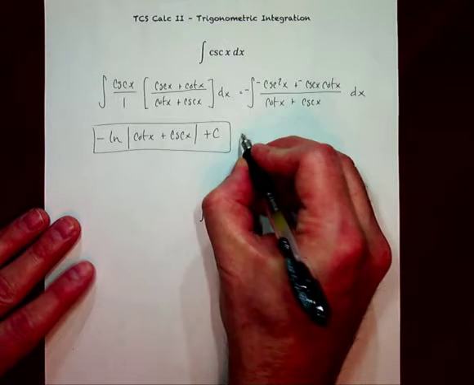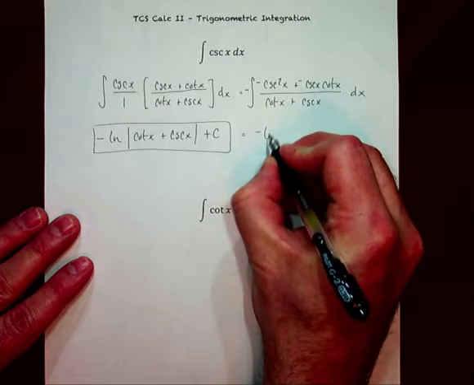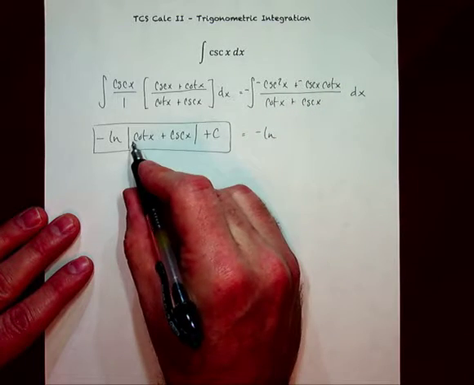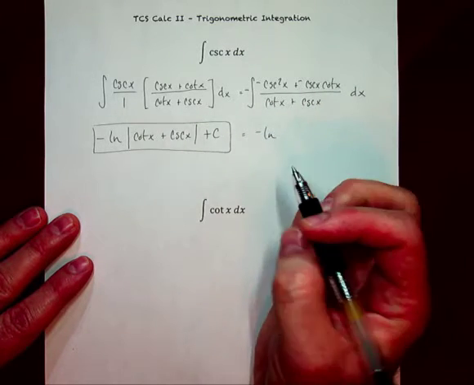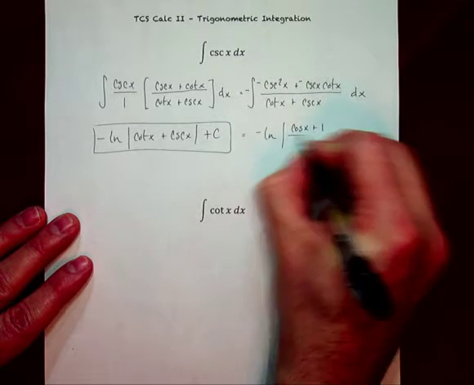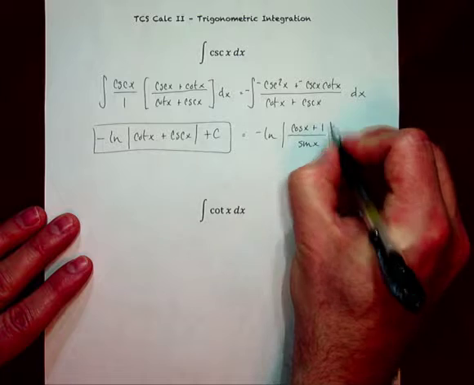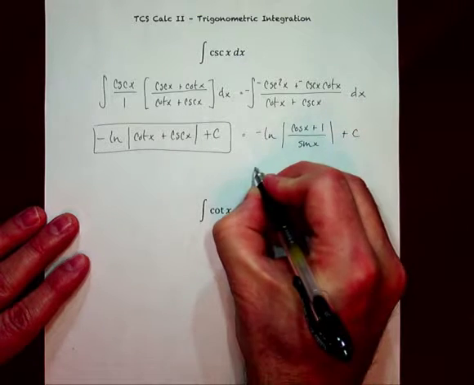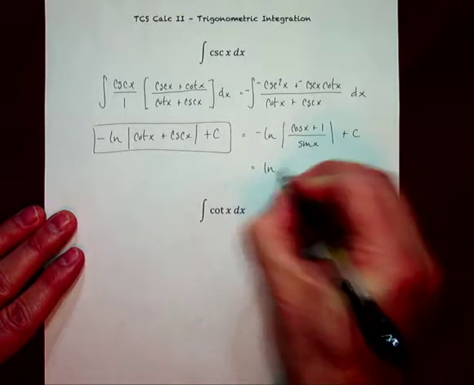If you wanted to, it could become negative natural log, and like I said, cotangent is cosine over sine, so it would be cosine x plus 1 over sine x plus c, and then we could turn it over.